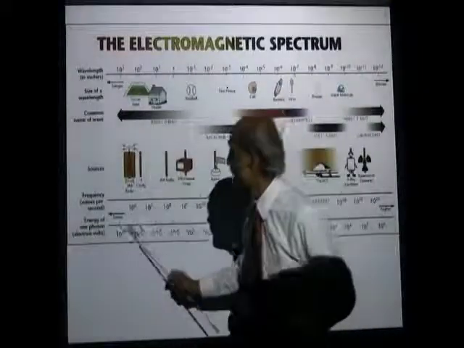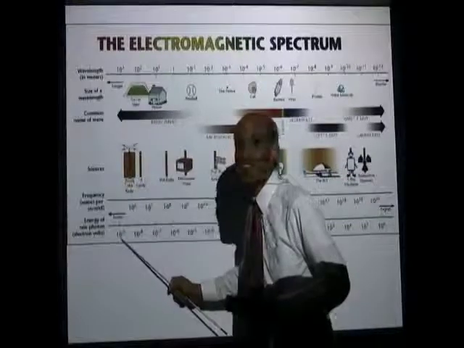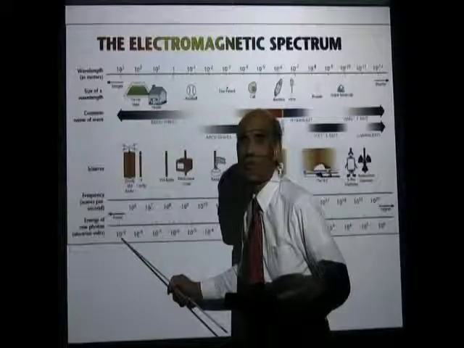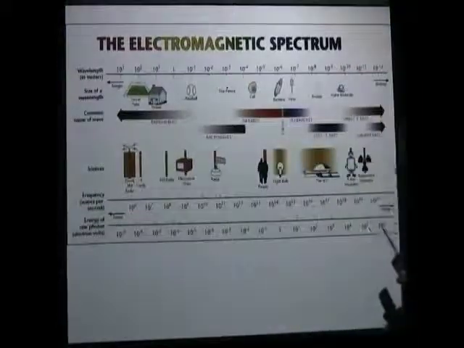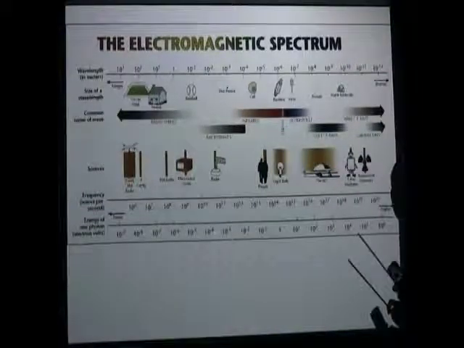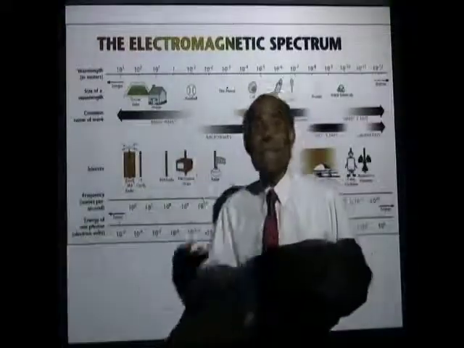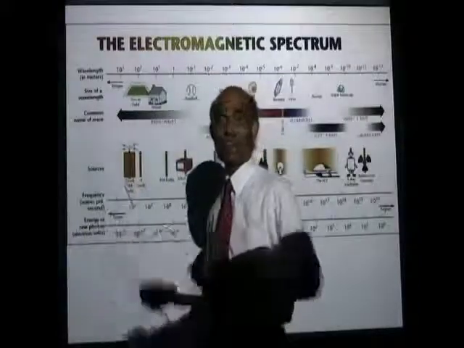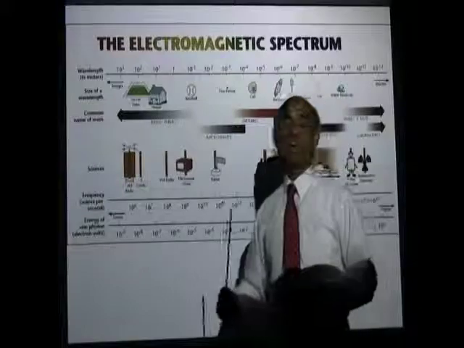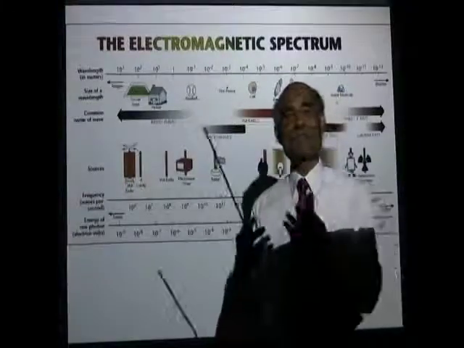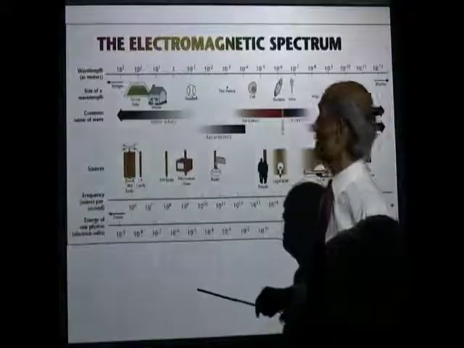So you can see the energy of a radio wave photon is 10 to the negative 9 electron volt, a billionth of an electron volt, very small energy, while the energy of a gamma ray photon is about 1,000,000 electron volt, a big difference in the energy. So you must have a rough idea of electromagnetic waves, their relative wavelengths, frequencies and energy values.